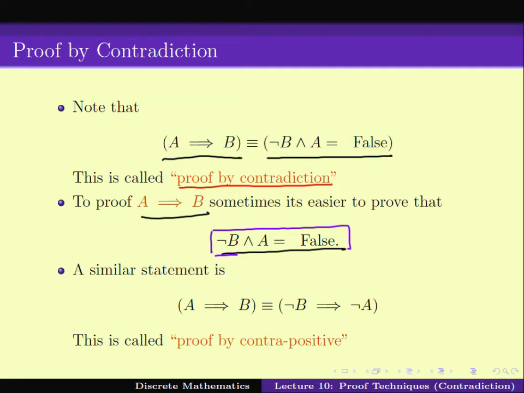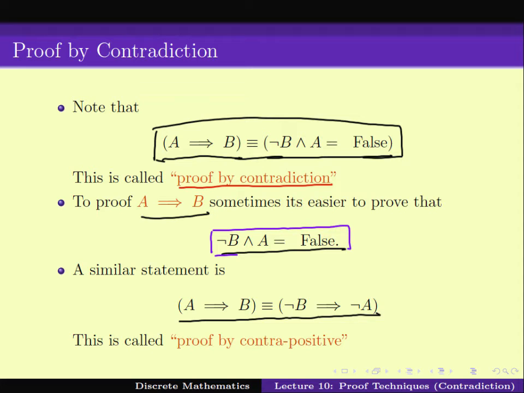From this particular expression, a similar statement can be drawn which is also of this form: A implies B is equivalent to not B implies not A. This is called the proof by contrapositive, and we will be using this technique after a couple of videos.